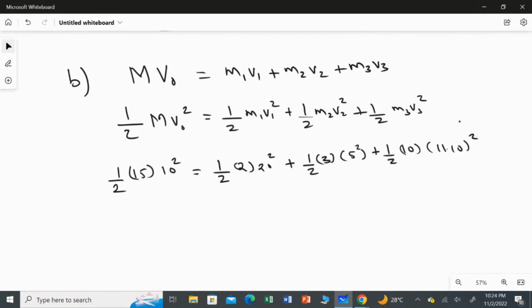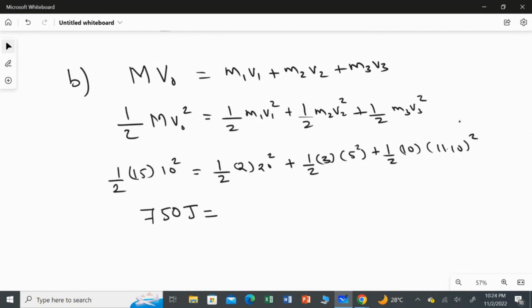Now please calculate the left hand side and the right hand side. Half multiplied by 15 multiplied by 10 squared. I got 750. The left hand side is 750 joules.